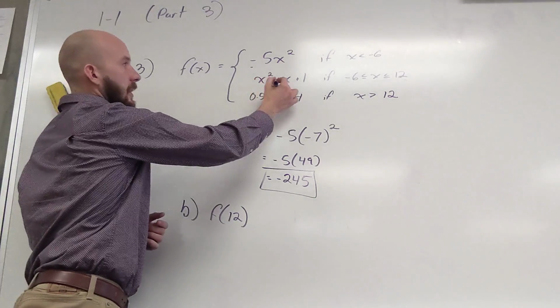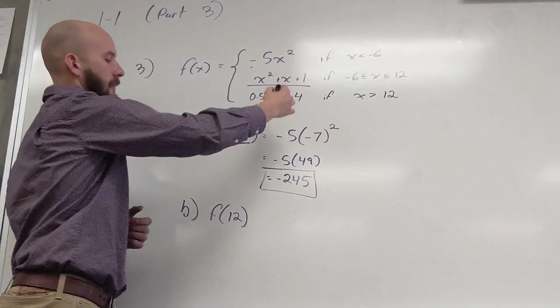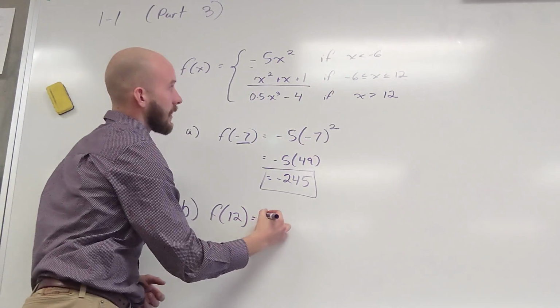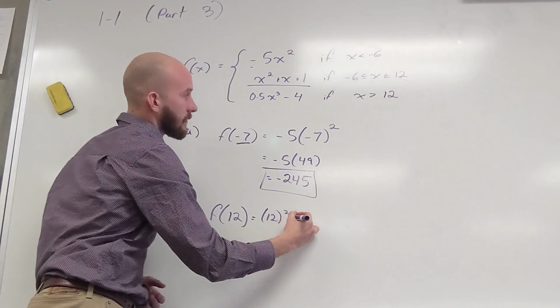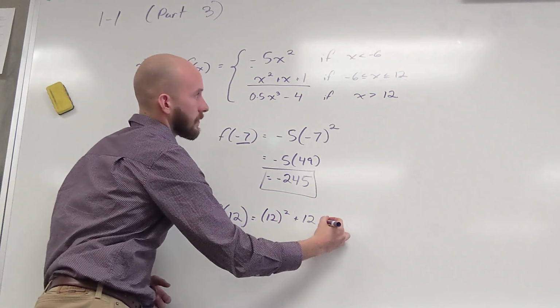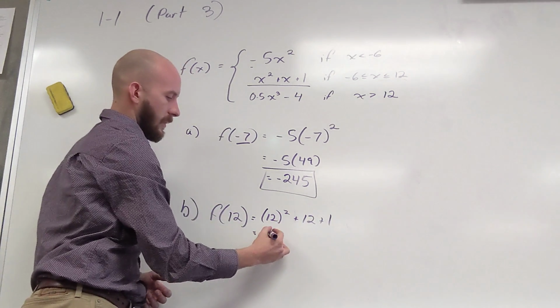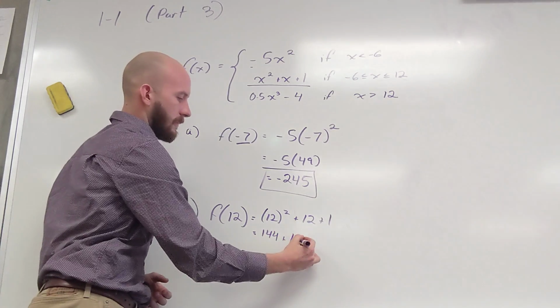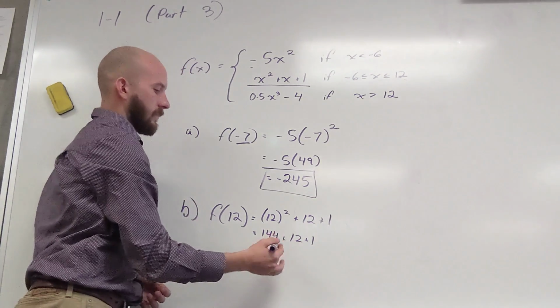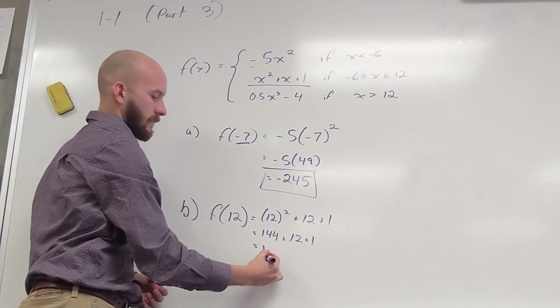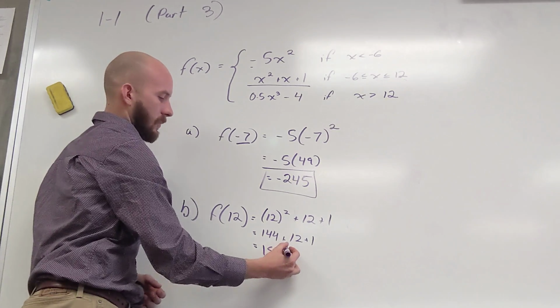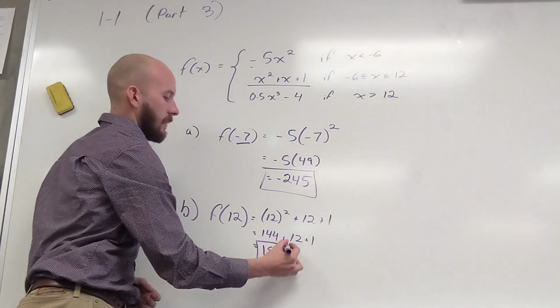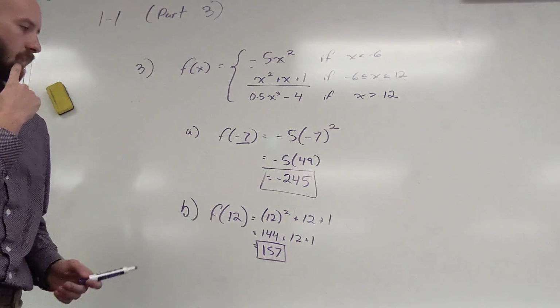So I'm plugging my input into here for x. So I've got 12 squared plus 12 plus 1. Okay, that's 144, which is 157. 157. Okay.